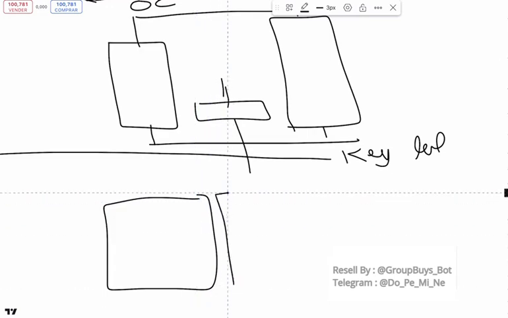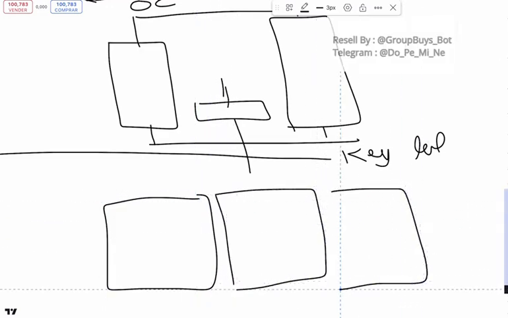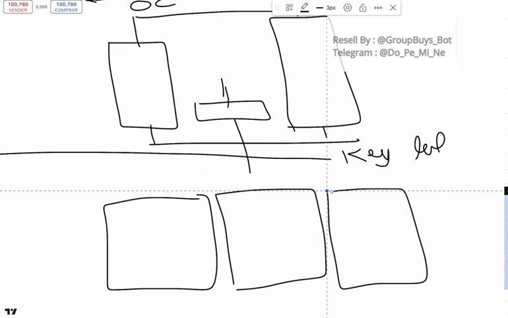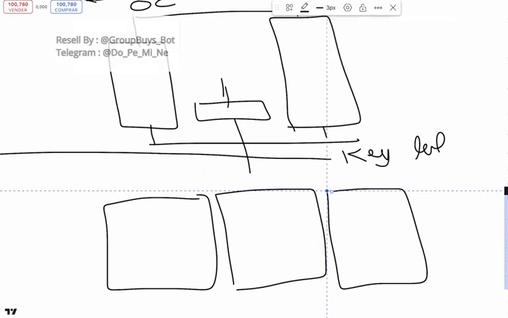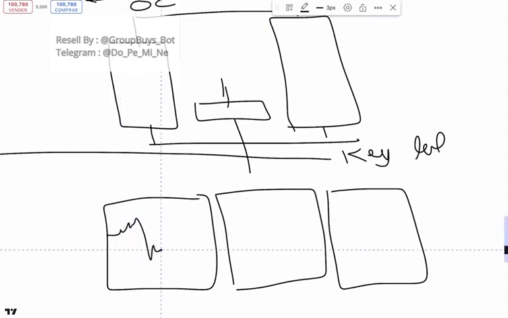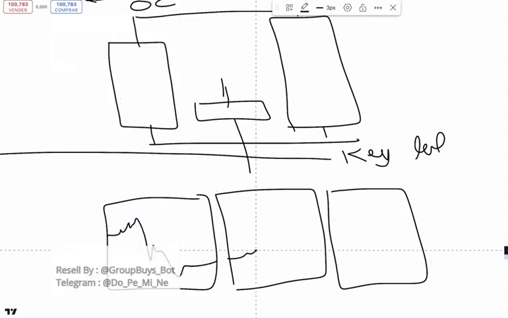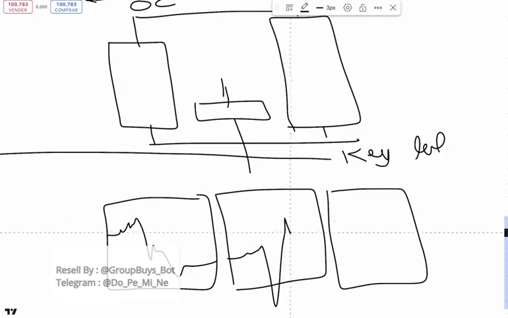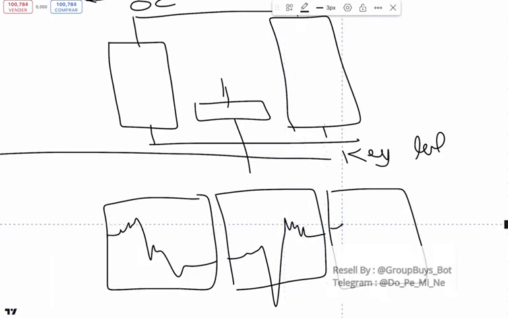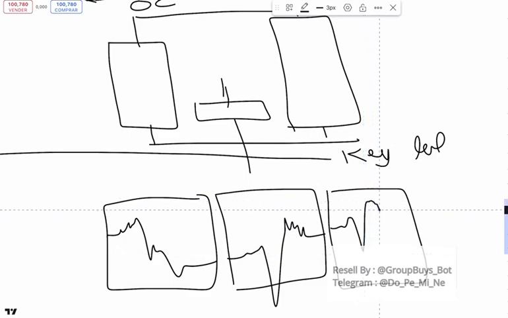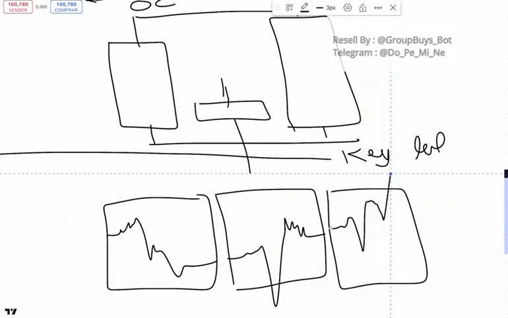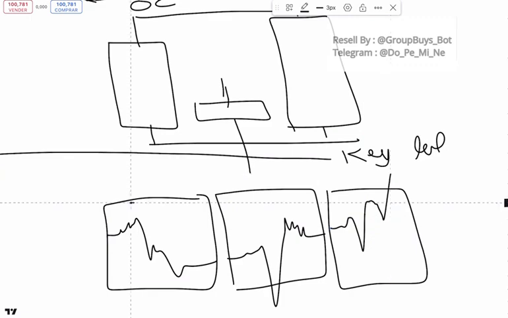Again, I urge you to not look at the pattern. It doesn't matter. I don't care about the pattern. All I care about is one of these ranges. I'm going to trade one of these ranges, right? Turtle soup, key level, structure shift in the second candle, OTE, and kiss of death in the last candle, right?